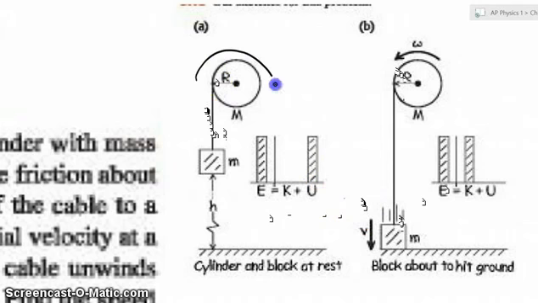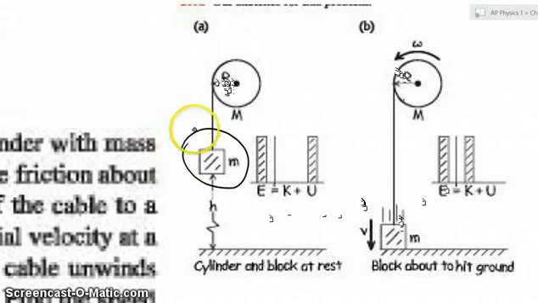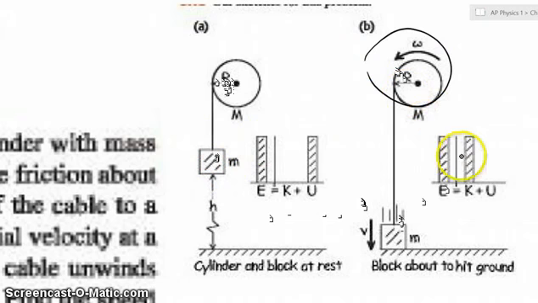We're not going to worry about the potential energy of the pulley because it's not going to move up or down, so the change in the pulley's gravitational potential energy will be zero. The only potential energy we care about is the block since it's going to be moving up and down. Once the block starts moving, the pulley will rotate as well, and that's going to give them both a shared kinetic energy.